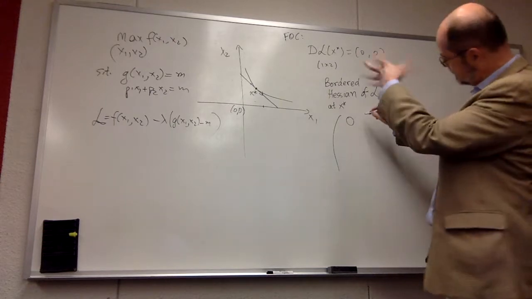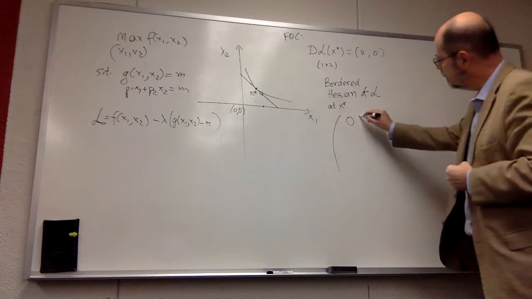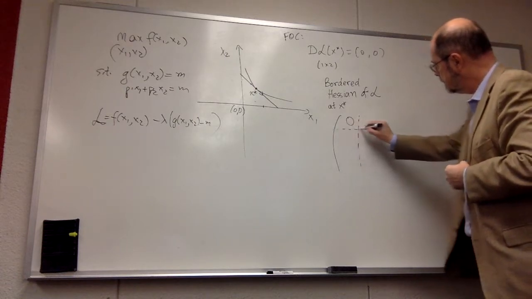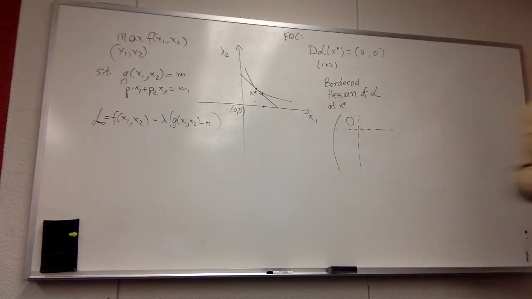Now, to help us remember how to build it, I'm going to draw these little dotted lines. These are not part of the mathematical definition, but they help me at least to remember how to put it together.